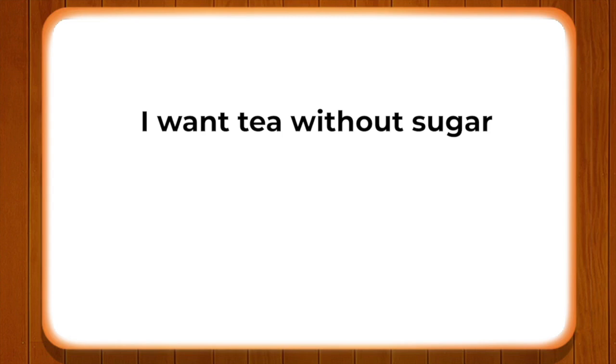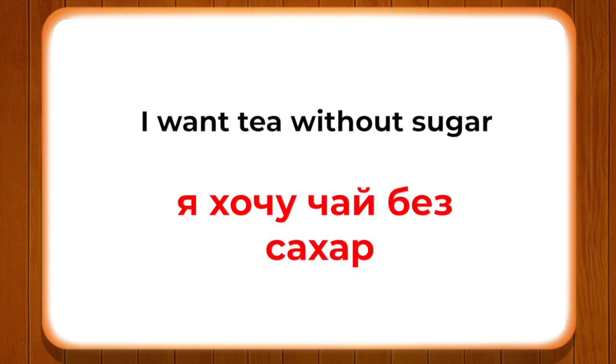How do I say? Now I will say ya means I, khachu want, tea chai without sugar, bez sakhara. Whenever we are saying without, we use bez, and sakhar changes into sakhara. This is in genitive case or the Roditelny padezh that you will be learning about in your dedicated modules.